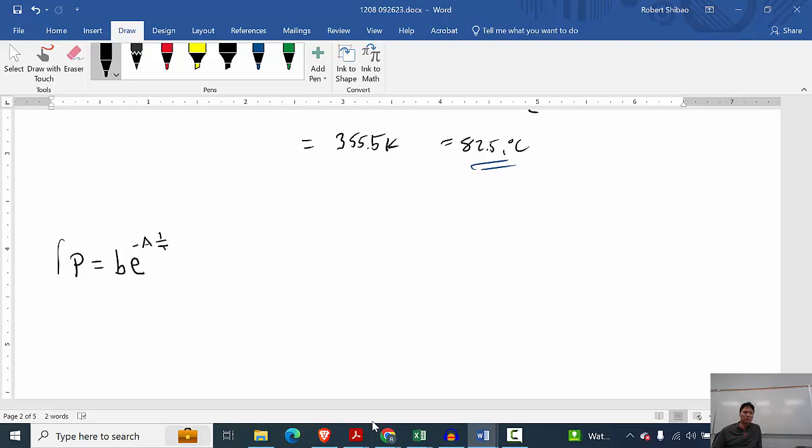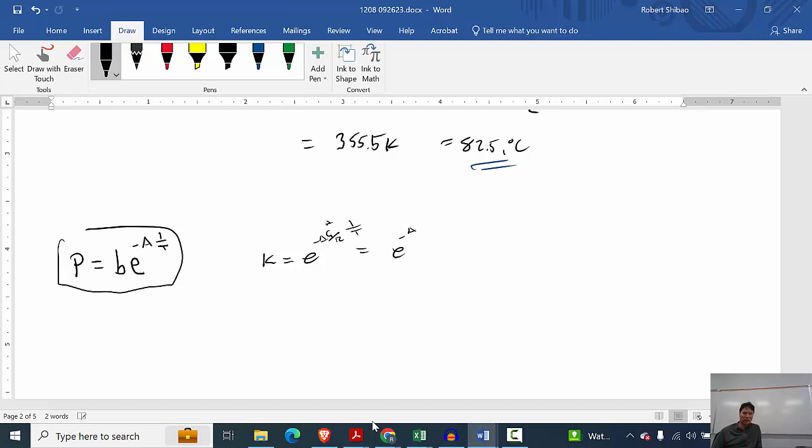In other words, this equation looks awfully like this one here, which is K is equal to e to the minus delta G over R, which is going to be a constant at a given temperature, over 1 over T. Although delta G does change with temperature, let's make that more of a constant.